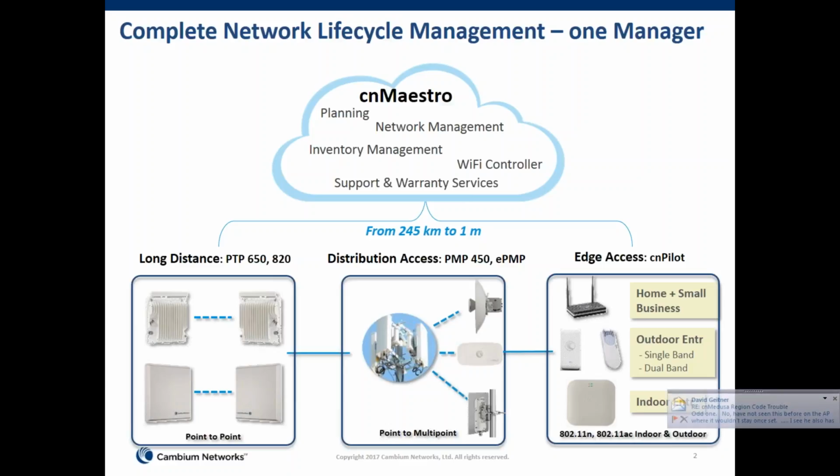Before we get into the depths of the 450i itself, let's talk a minute about the broad portfolio that Cambium has to support any fixed wireless application that you might have need for.